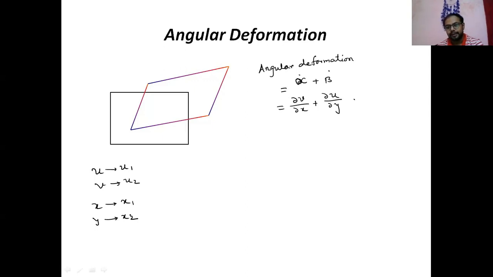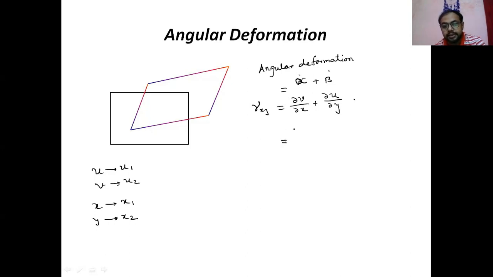But before that, this is denoted as the deformation, gamma X. That is the total deformation. How are we writing it?